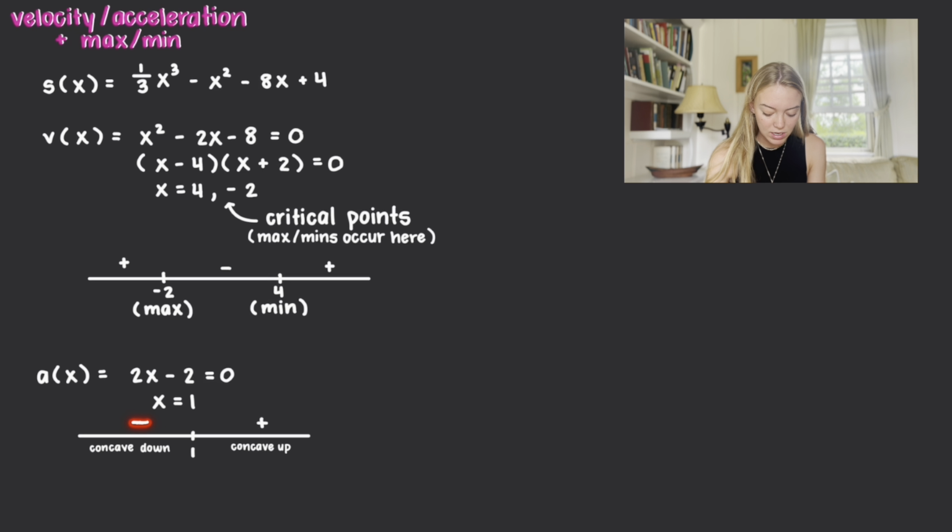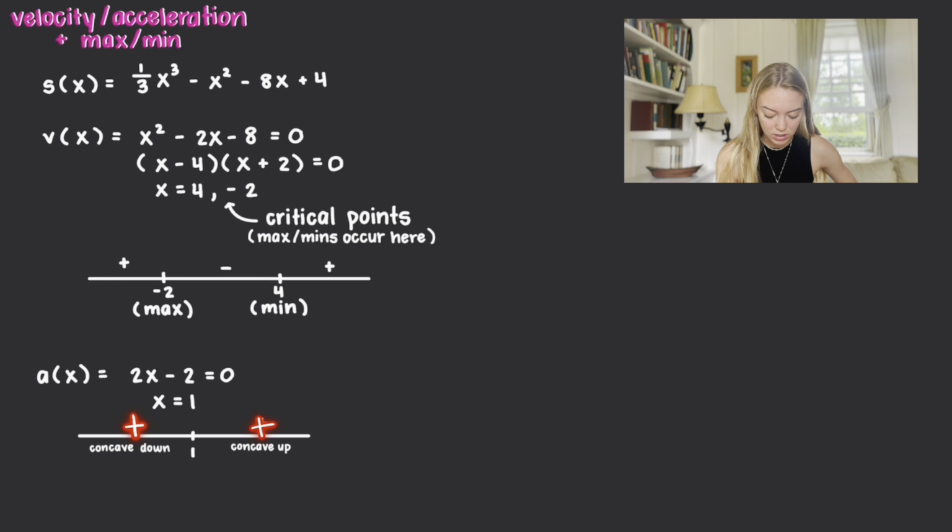So if this was a negative and a negative, which sometimes happens, 1 would not be an inflection point. It's only an inflection point because these are two different signs. If this was positive and this was positive, 1 would not be an inflection point. But in this case, x is equal to 1 is an inflection point.